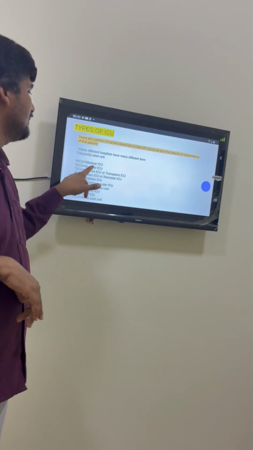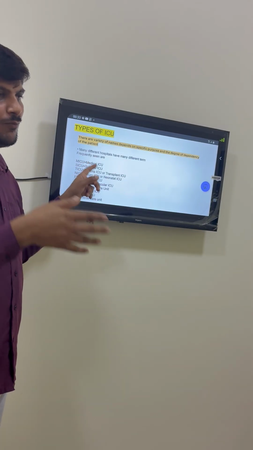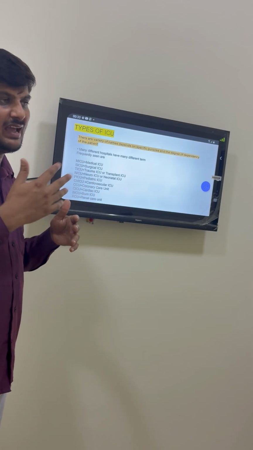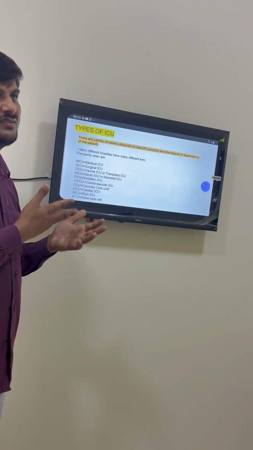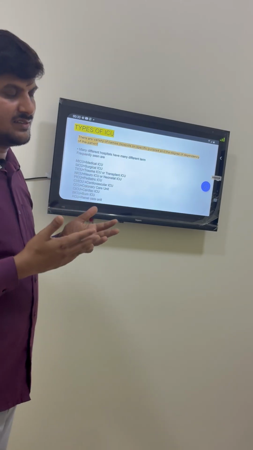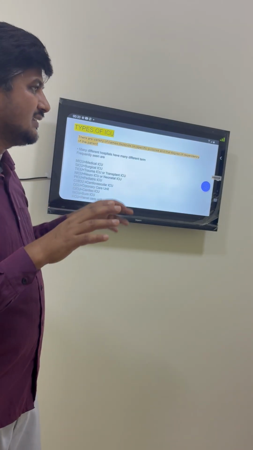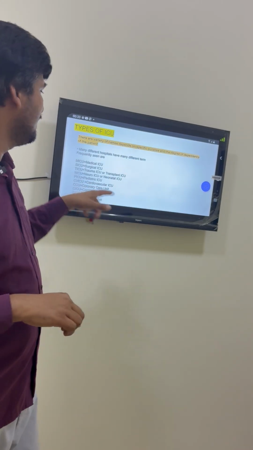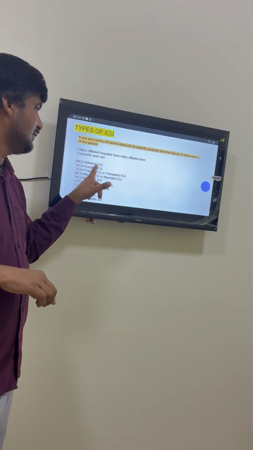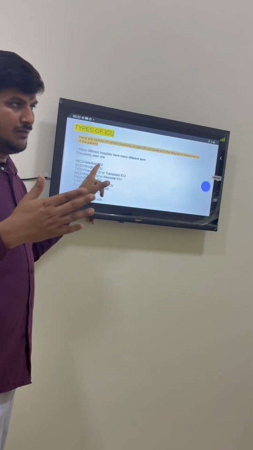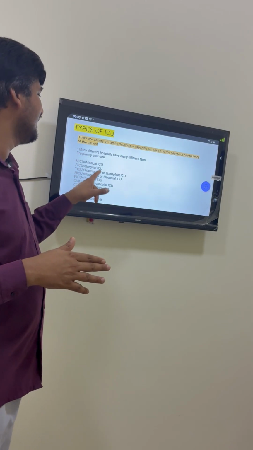If an ICU gives priority to medical cases like diabetes, ESRD, end stage renal disease, and stroke patients, they name the ICU based on the clinical condition. MICU means medical ICU, where medical-related cases are treated.